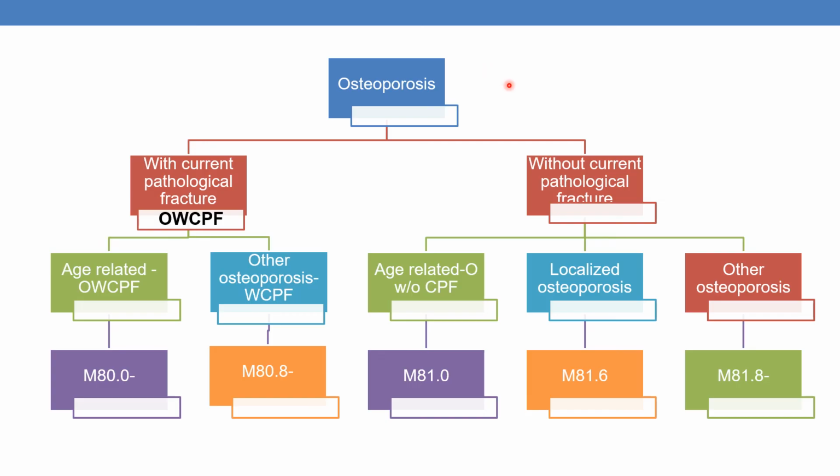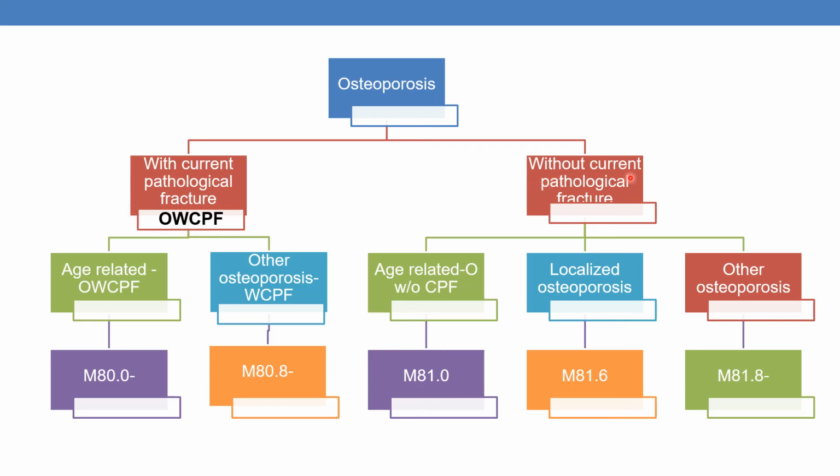Now let us see the various subcategories of the codes which cover the osteoporosis. Osteoporosis, as we have discussed earlier, is broadly categorized into with the pathological fracture, O-W-C-P-F: O indicates osteoporosis, W indicates with, C indicates current, PF means pathological fracture.